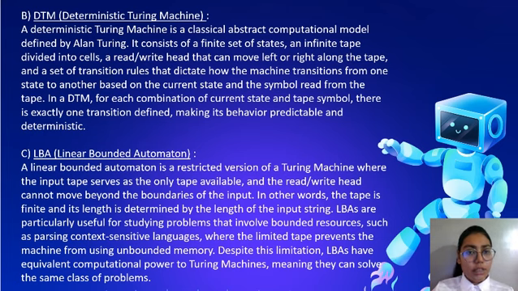In a DTM, for each combination of current state and tape symbol, there is exactly one transition defined, making its behavior predictable and deterministic.